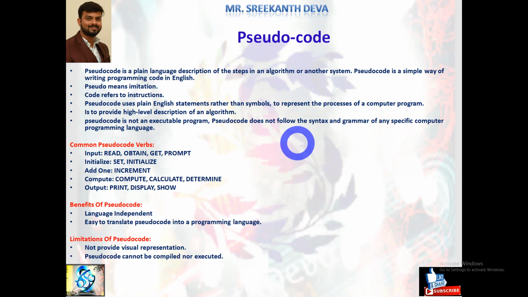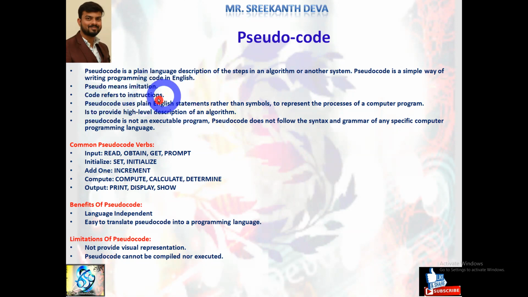Simply remember about pseudocode: it is a plain language description of the steps in an algorithm or another system. Pseudocode is a simple way of writing programming code in English. Pseudo means imitation.